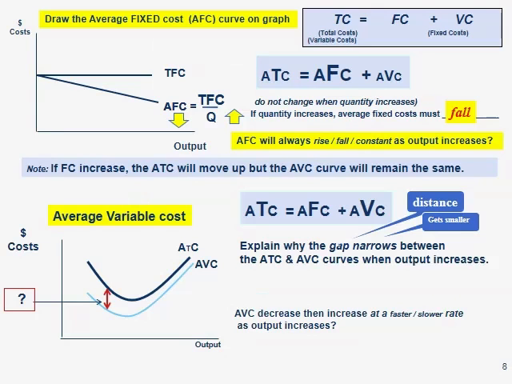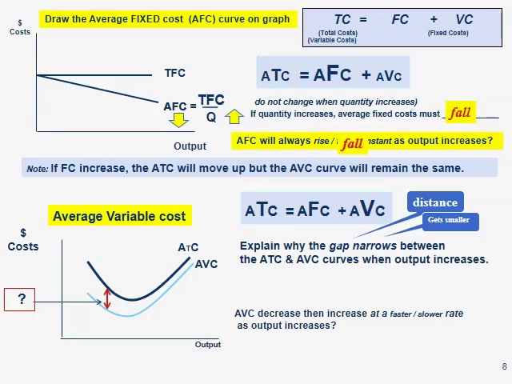A couple of more points, relatively obvious. Remember, total fixed cost doesn't change, so hence the horizontal straight line. But of course, the average fixed cost will always decrease as output increases. Remembering that the total value doesn't change, but when quantity increases, of course, the average decreases. And so average fixed costs will always fall as you produce more.